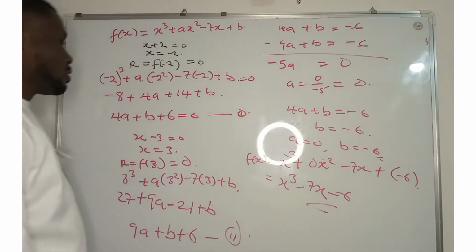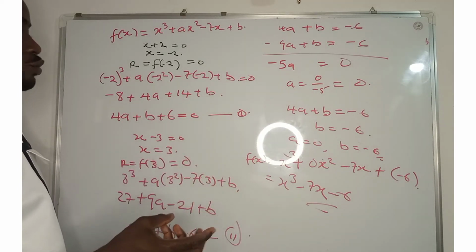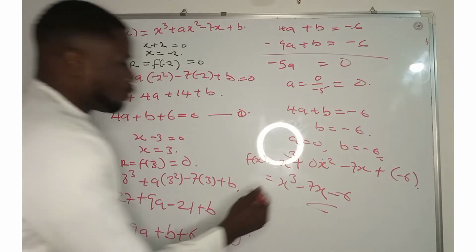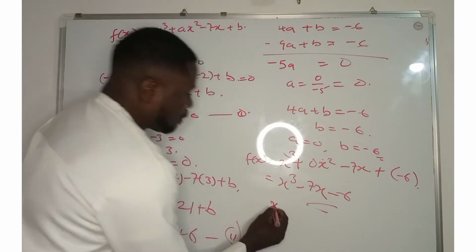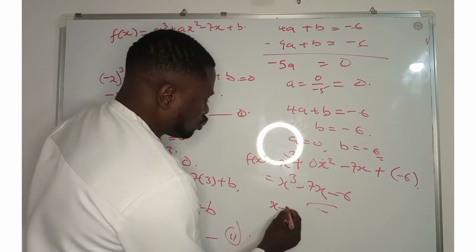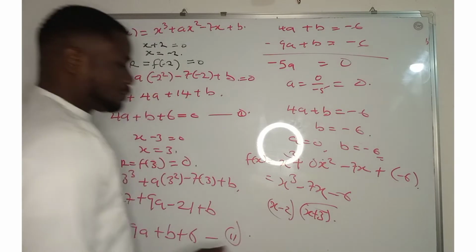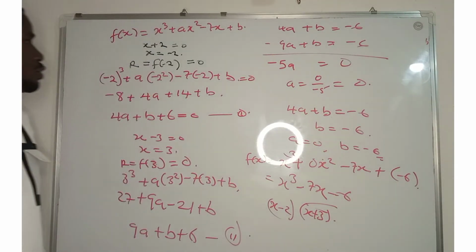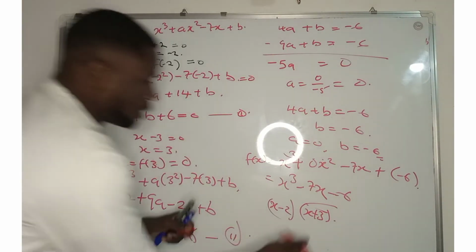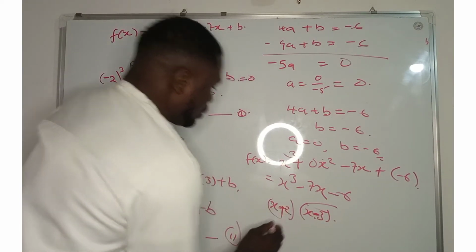Remember, they have already given us two factors. The two factors given to us before were x minus 3 and x plus 2.